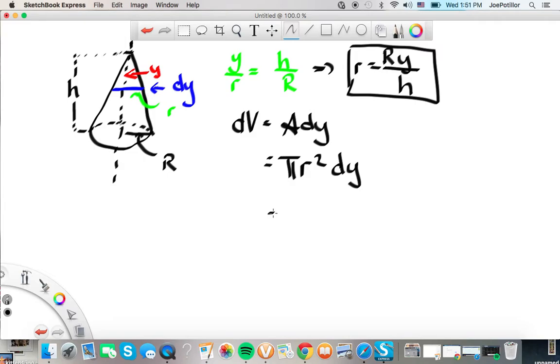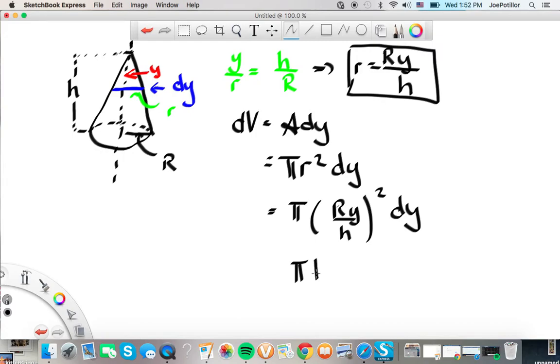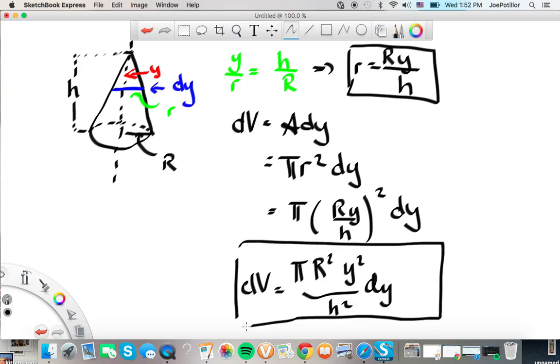If I plug it in, we end up with pi R squared y squared divided by h squared dy is equal to dV. And that's the volume of our little strip.